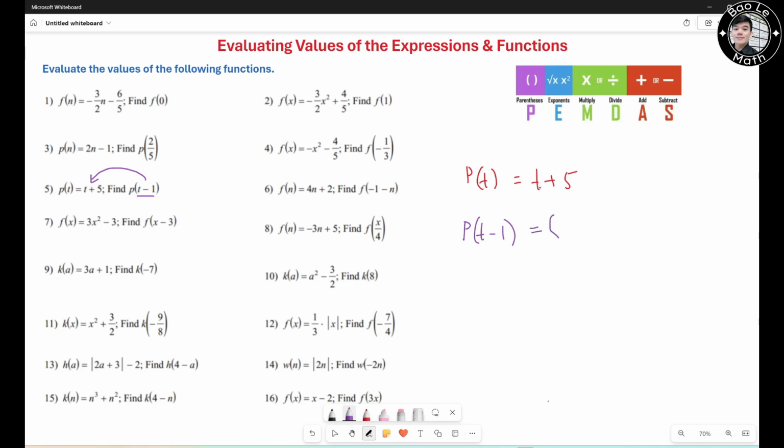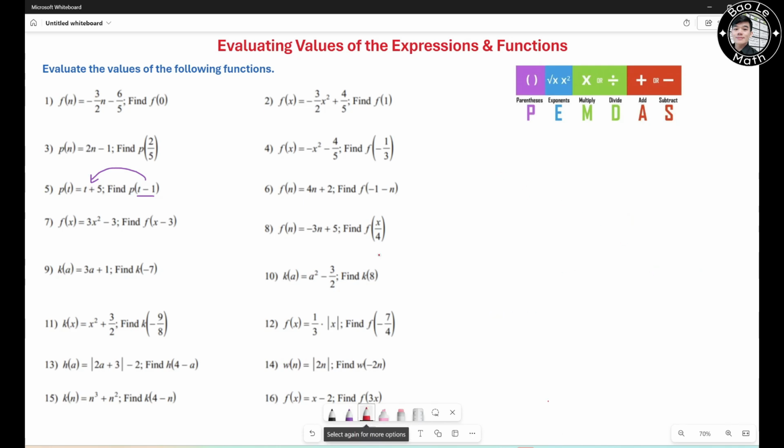Whenever you see t, we substitute t minus 1, and then plus 5 right here. So I remove the parentheses. I have t minus 1 plus 5, and it's going to be t plus 4, because negative 1 plus 5 equals 4.